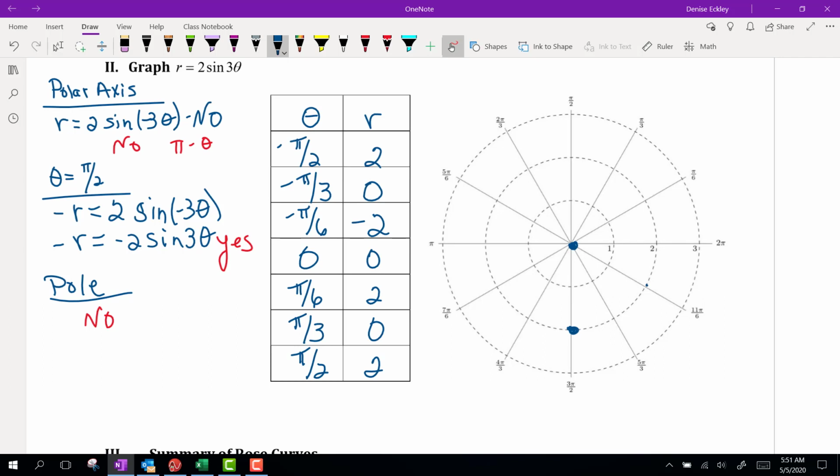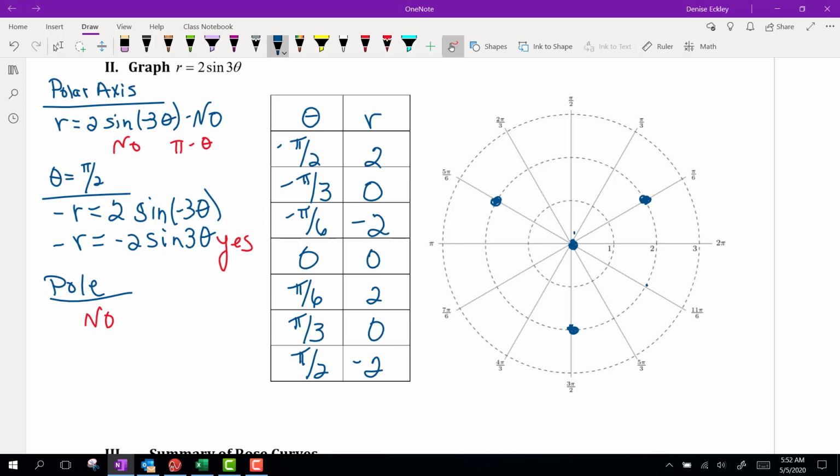And then at negative pi over 6, we're at negative 2. So we have to go over here to this side. And then we're back to 0. And then at pi over 6, we're at 2. And then at pi over 3, we're back to 0. And then pi over 2, we are at, whoops, I forgot the negative. We're back here.